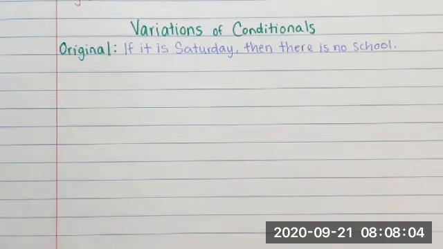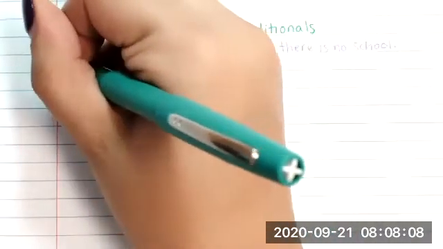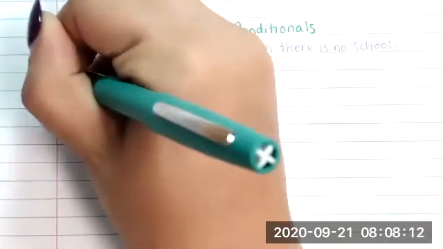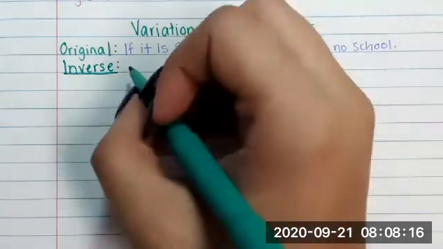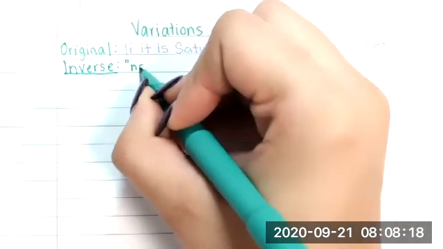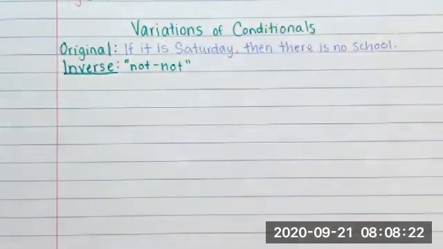All right, so the first type is called the inverse. I like to call the inverse the not-not.